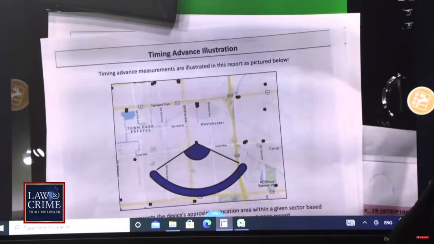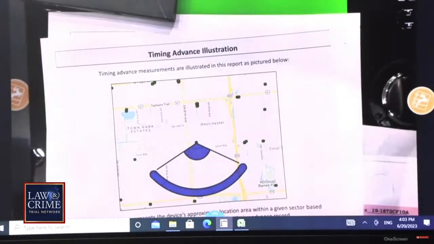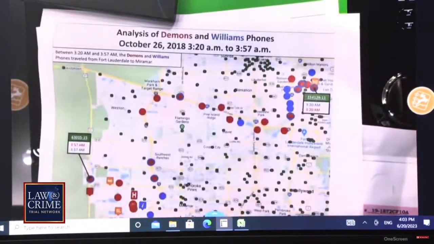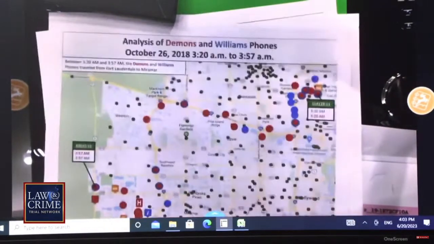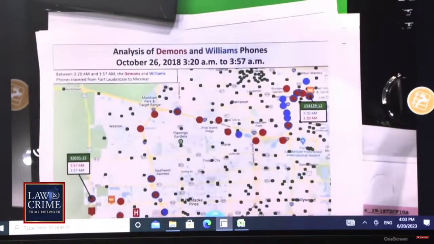And in terms of the way the mapping is done, it makes clear that these red dots are not the specific locations, but rather the towers that are used.